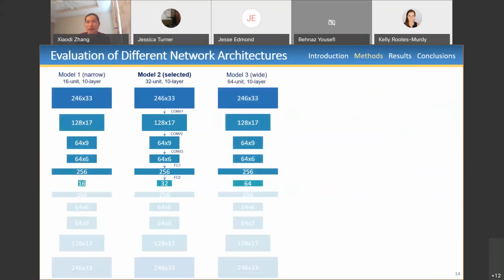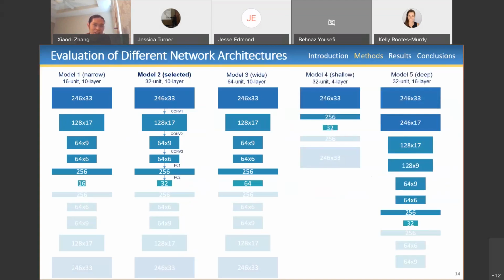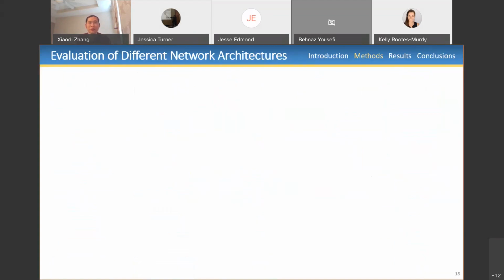We compared it with two different network architectures. This one is narrower and this one is wider, meaning that the number of latent variables is different. Similarly, we can have a shallower model and a deeper model. So we essentially have 5 different models, and we trained them all to see which one has the best performance.